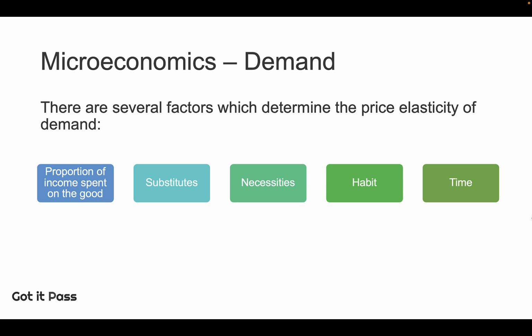But such inelasticity may be lessened in the long run as consumers acquire greater knowledge of the markets. They have more information, they know the alternatives or substitutes for the high-priced item, so they will switch to other items once they get the answer. So time is also another factor that determines the price elasticity of demand.